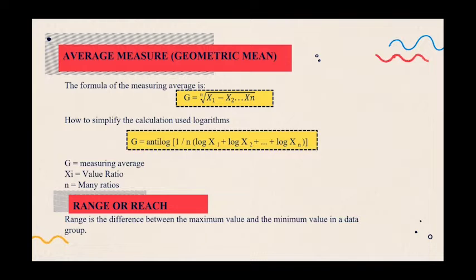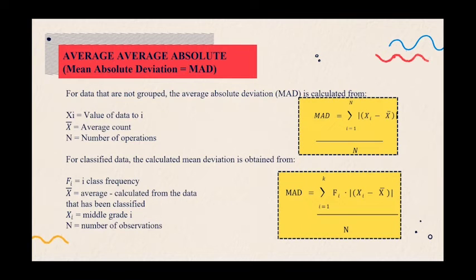Okay, next is average absolute deviation or mean absolute deviation. For data that are not grouped, the mean absolute deviation is calculated from this formula.